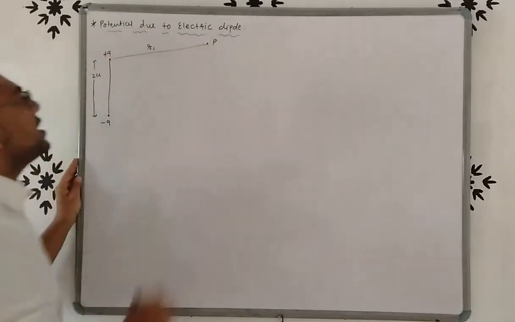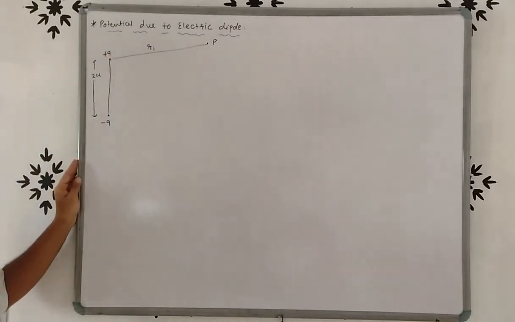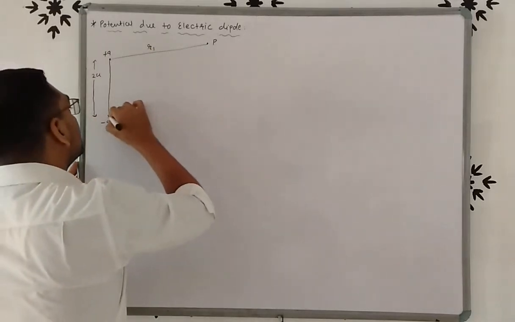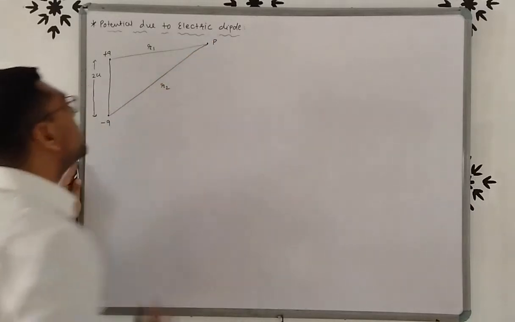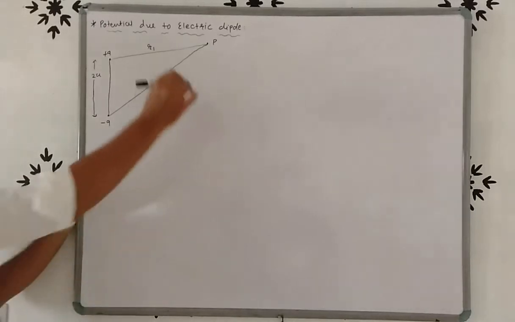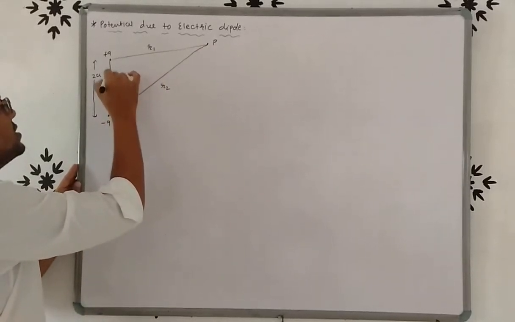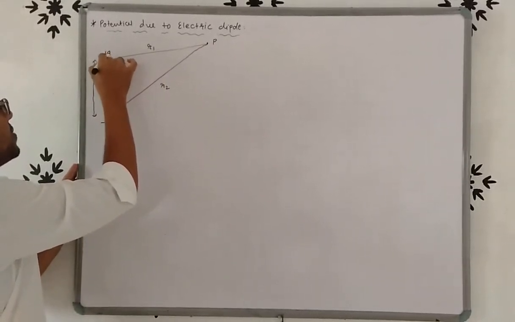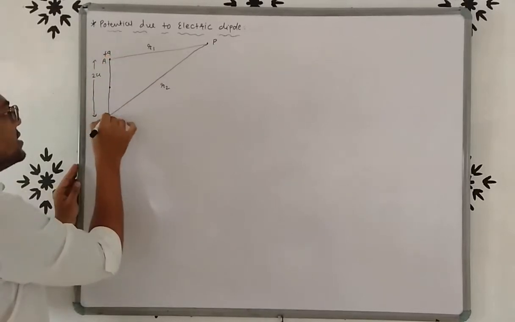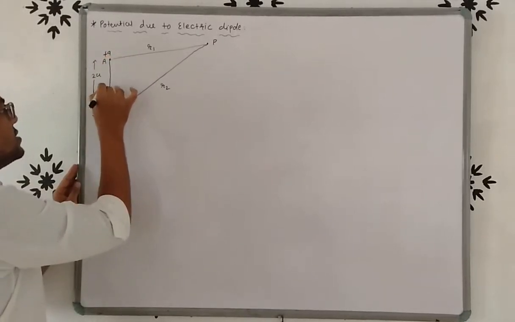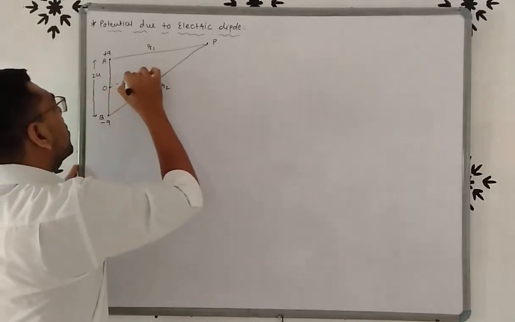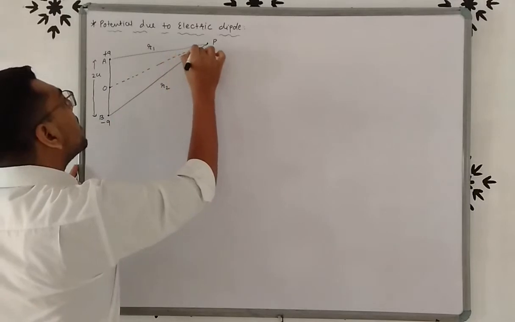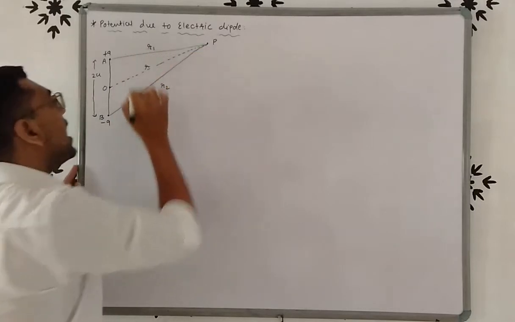Here we assume the distance from plus q to P is R1 and the distance from minus q to P is R2. Now this is the midpoint, or we can denote this point by capital A. This is B, this is midpoint O. The distance between O and P is R.